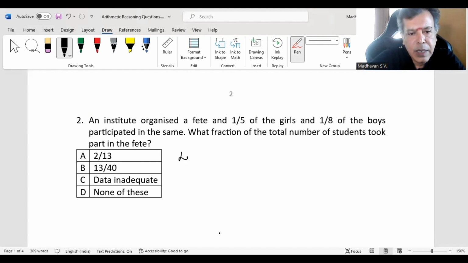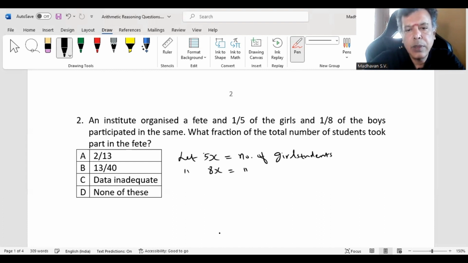So we will assume, let 5x equal the number of girl students and let 8x equal the number of boy students.